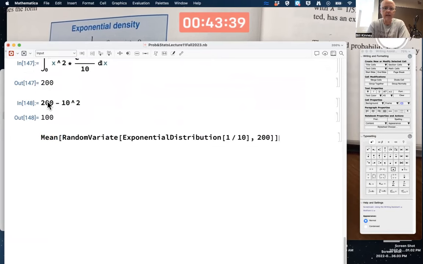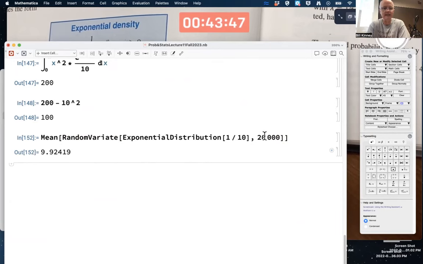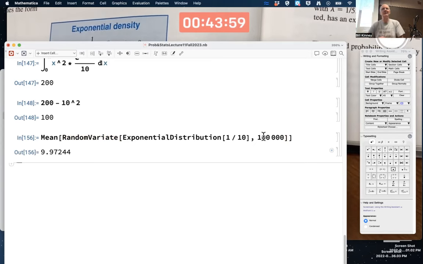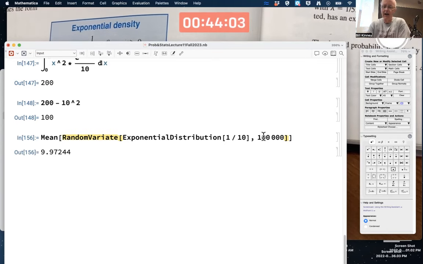Should be close to 10. Yeah, the bigger the sample size is, the closer it is to 10. I'll even do sample size 100,000. Yeah, I think it's doing a sample size 100,000 pretty quick. I think once you get to like 1 million or 10 million, it's less clear that it's really doing a random sample size 1 million. But I'm pretty sure that it will do samples of size 100,000 and not be deceiving you.